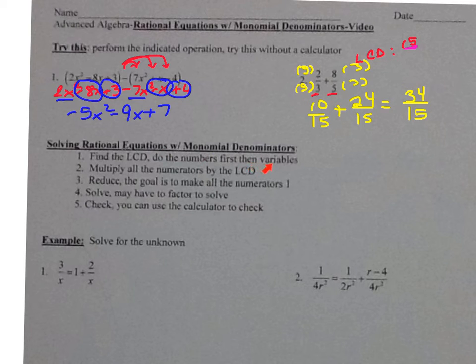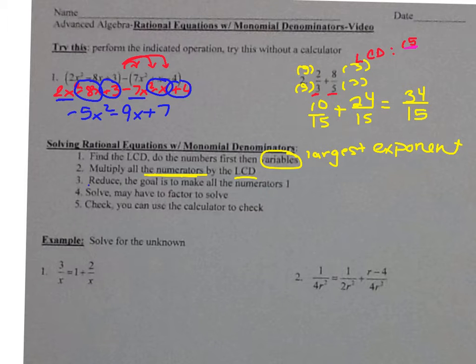And then you work with the variables. For your variables, it's always going to be the one with the largest exponent, okay? So for your variables, if it's a monomial, largest exponent. All right, and then you're going to multiply all the numerators, only the numerators, by the LCD.